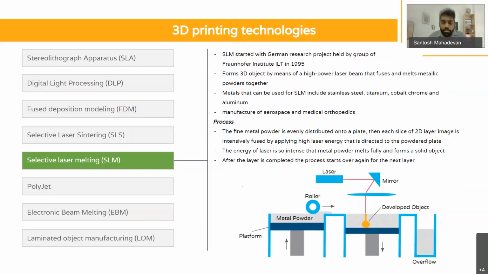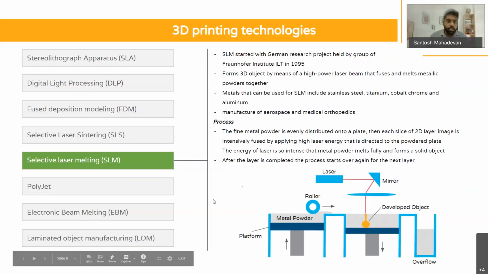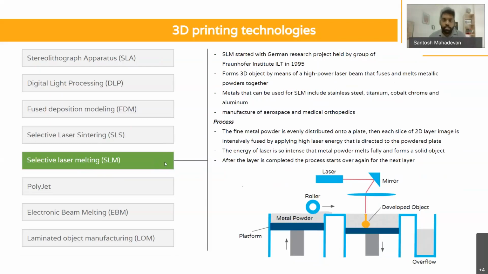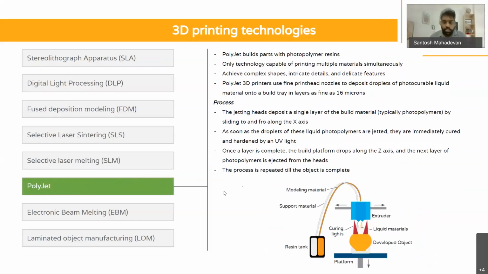So that is just to give you clarity on a real world application for selective laser melting. I hope you have been following until now. Having said that, I will move to the next method, which is PolyJet.